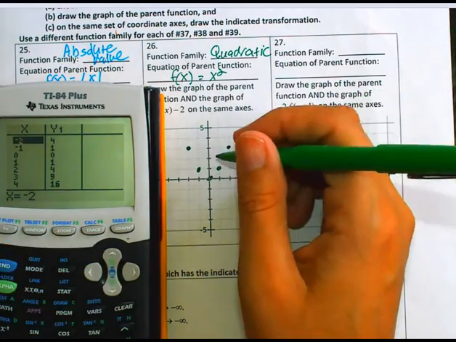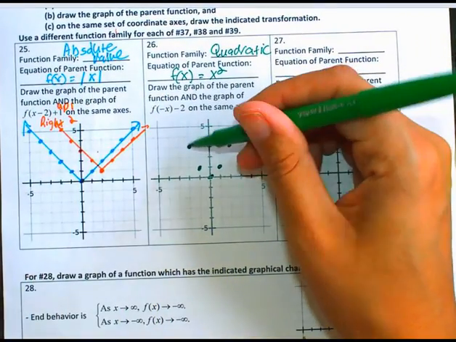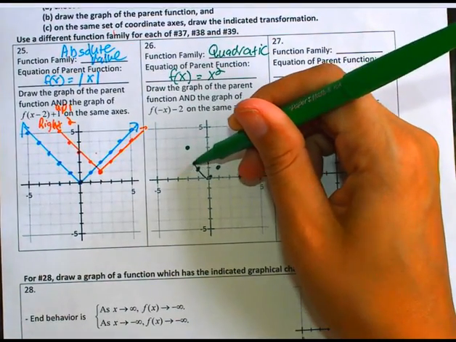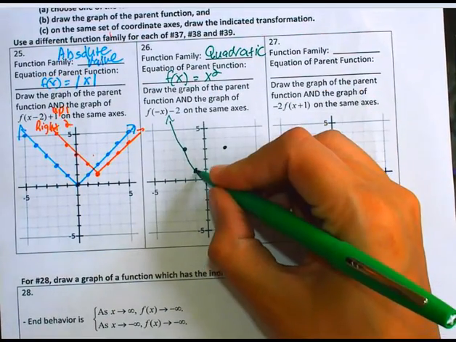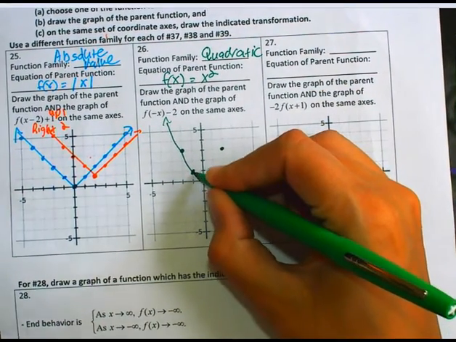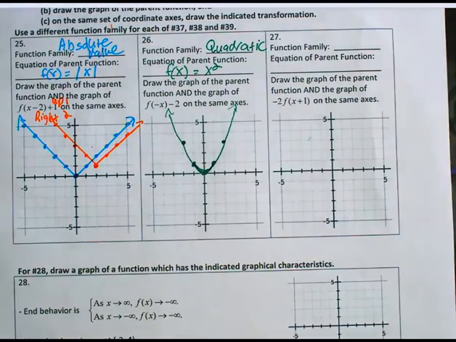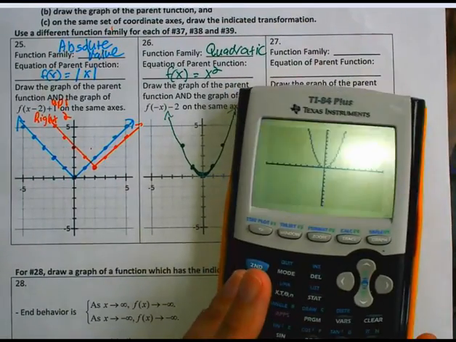Okay, so then you can sketch it. Remember, this is a U shape, so be careful when you're actually sketching the graph. You want to make sure that it looks like a U. I'm sure Miss Applebacher can sketch this way better than I can, but this is a U. Okay, and then if you hit the graph, it looks similar to that.